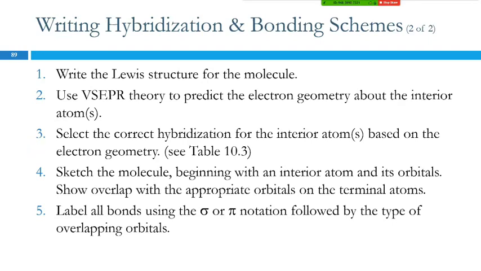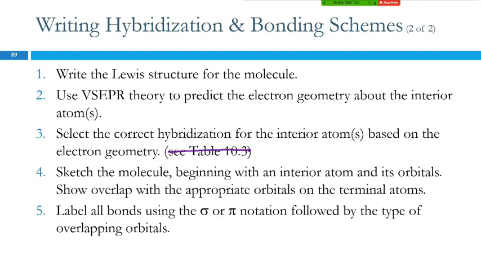This is table 10.3, but you don't really need to look at that table. You look at the number of electron groups, and that's how many orbitals need to hybridize. So if you have 2 electron groups, then you need to hybridize 2 orbitals, and that would be s and p.